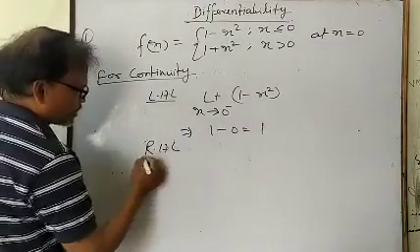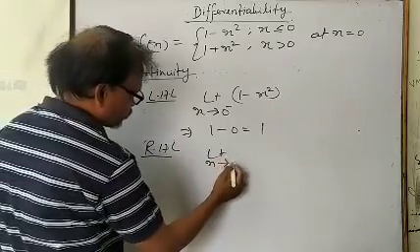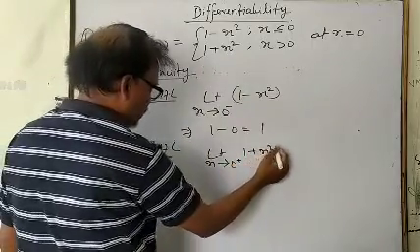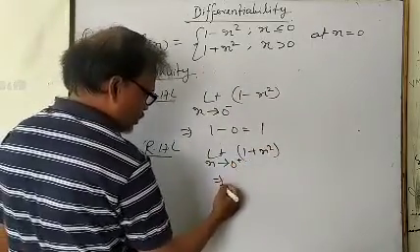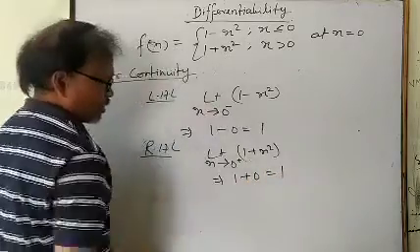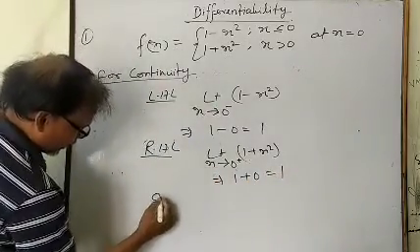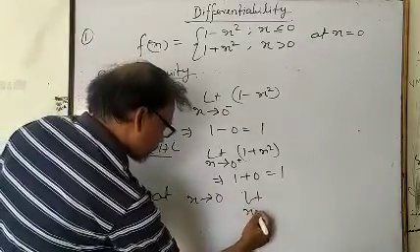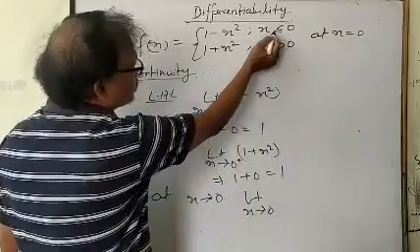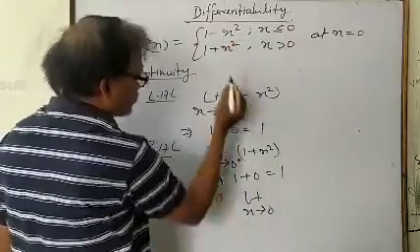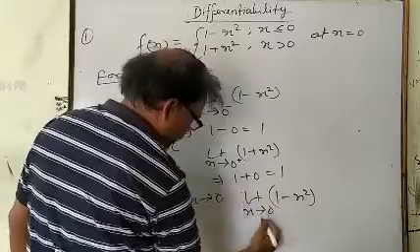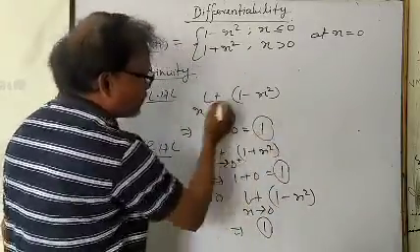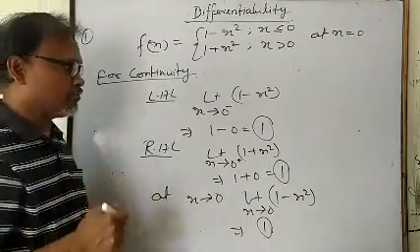Similarly, the right hand limit, x tending to 0 plus, means greater than 0, 1 plus x square. Then again put x is equal to 0 here, so 1 plus 0 means 1. Both values are the same. Then at x tending to 0, the limit of f(x), because this represents the equal sign, is equal to 0, 1 minus x square, again put the x value 0, 1. These three values are the same, it means the function is continuous.